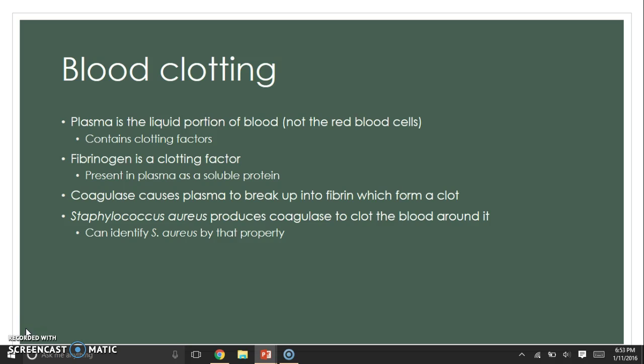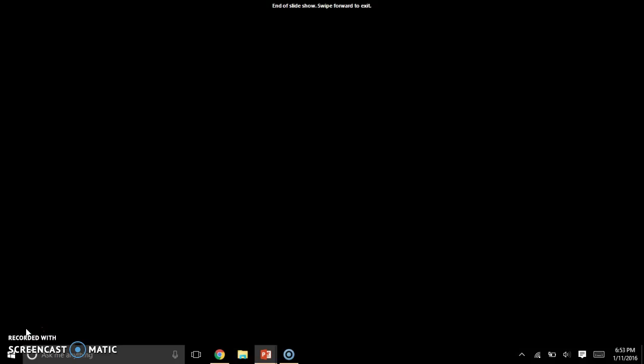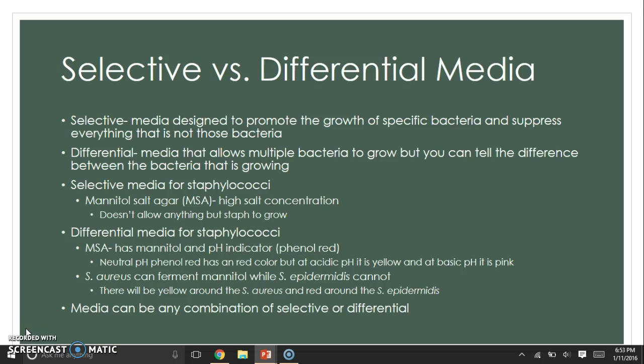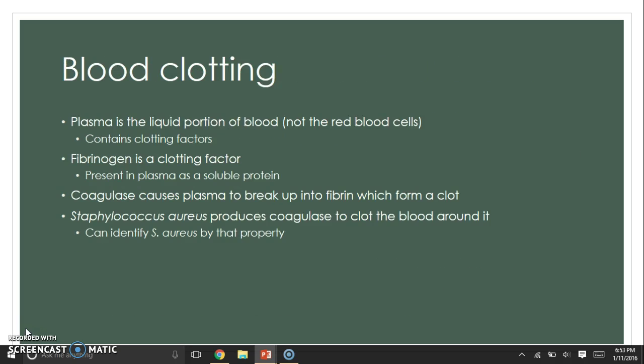Another thing we've got to talk about is blood clotting. So plasma is the liquid portion of the blood. It's everything that's not the red blood cells, and it contains clotting factors. Fibrinogen is a clotting factor that's present in the plasma as a soluble protein.